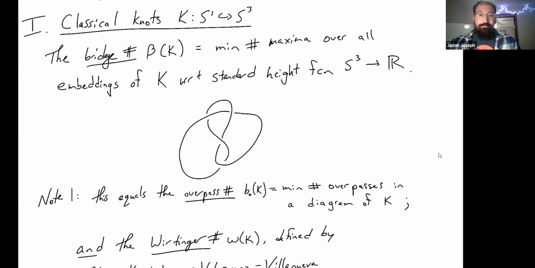You could also consider a few related things. There's this overpass number. These are overpasses; actually, they're all overpasses. There are 4 overpasses in this diagram. But it turns out that for a classical knot, the overpass number is equal to the bridge number, so there is some diagram with only 2 overpasses.